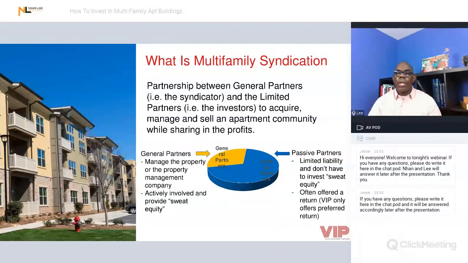The grand bargain that the limited partners have with the GP is that they're going to make an investment into the business plan or into the asset, and for that, they are expecting a return on their money.